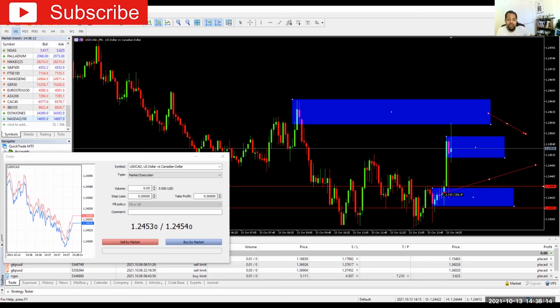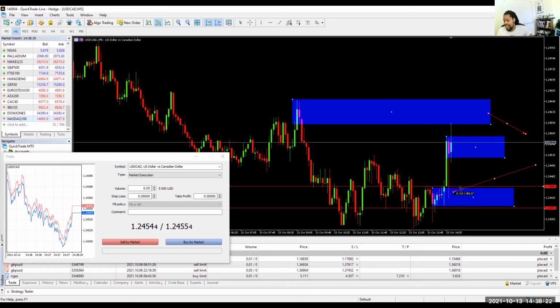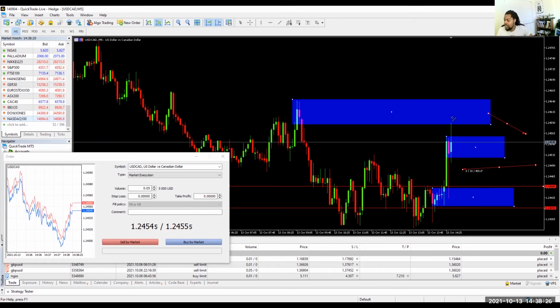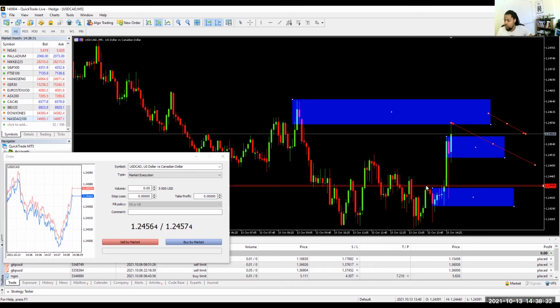Normally I would have two pending orders: a big lot size here with a take profit there, and a very normal lot size here, so that both of them get triggered. Once the big one makes profit, I'll move my normal lot size's stop loss to break even, and wait to see what's going to happen. Because personally, I do think this area might actually get removed, but only time will tell.